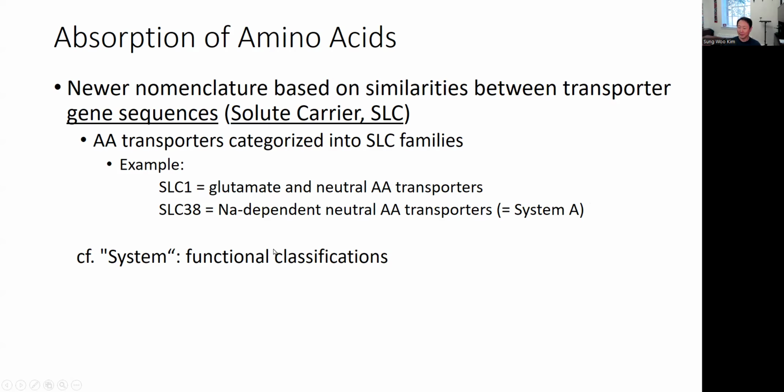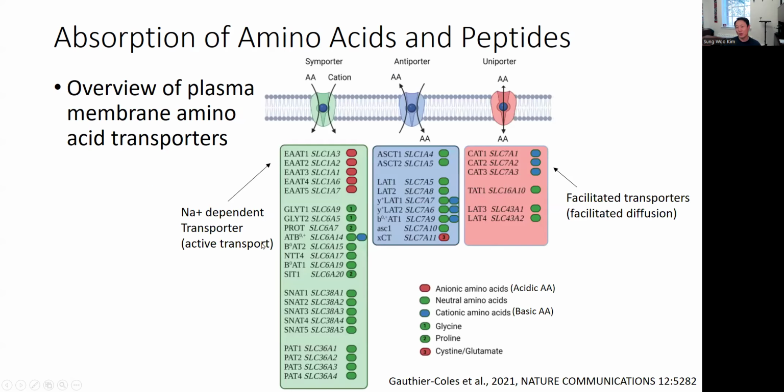Well, it is a little complicated. It's confusing, actually, right? So I'm showing you the names. There are many different amino acid transporters, and I'm showing you two different ways of naming them. As one example here, if you see LAT1, that's the name of the system, system LAT1.